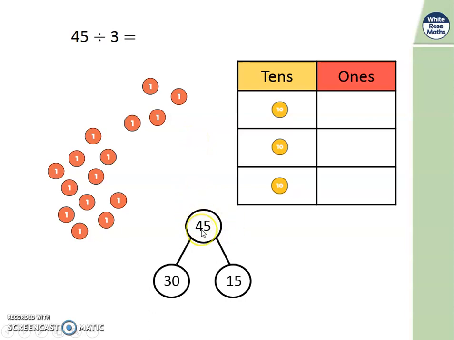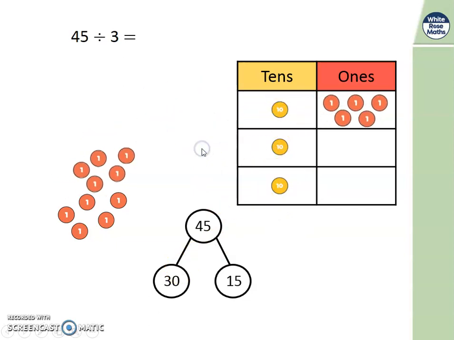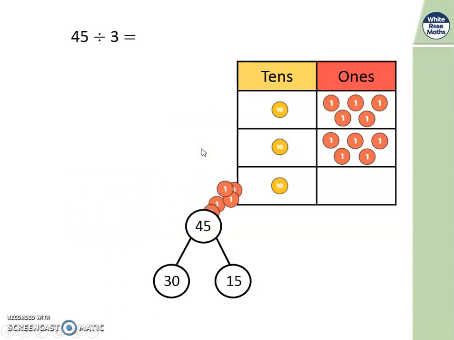So my 45, I've looked and I've made it from 30, which is in my 3 times table, and 15, which is also in my 3 times table. The 15 ones are here. The 3 10s, the 30, is there. We're going to move those across so that each group is equal. And here on each row, we've got 10, 11, 12, 13, 14, 15. So we've got 45 divided by 3 is 15 in each group.